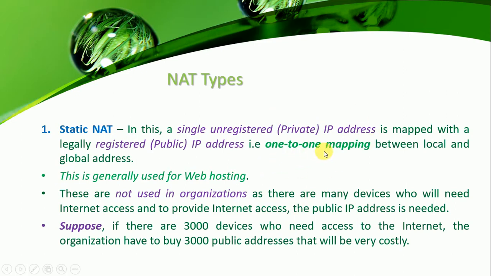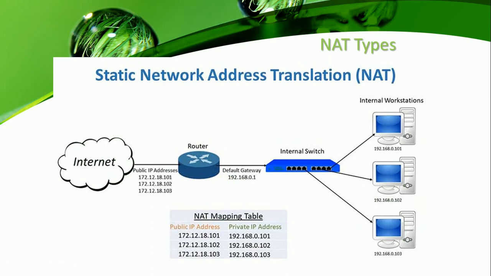NAT is one-to-one mapping, static NAT, and it is generally used for web hosting, which maps only one IP address with another IP address. Suppose this is the pool of public IP addresses, and this is the pool of private IP addresses. This is your system.